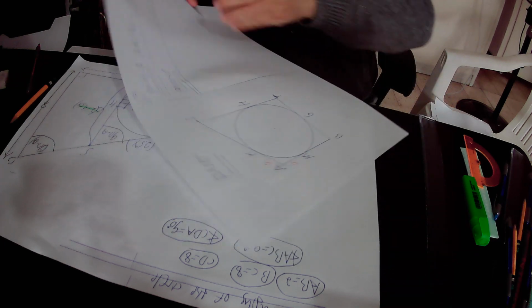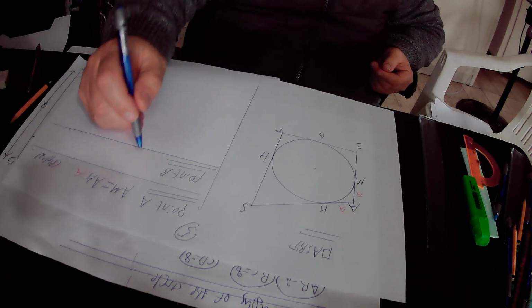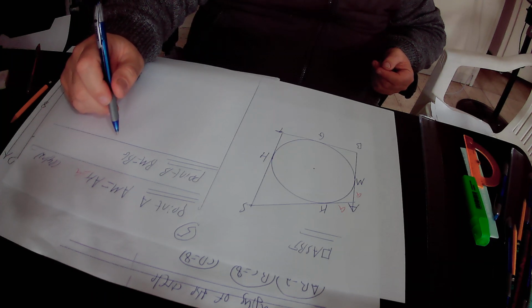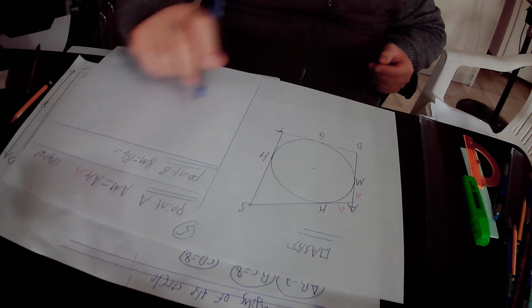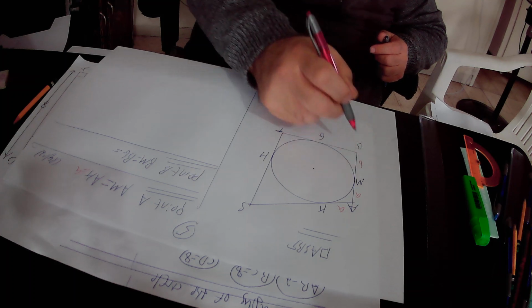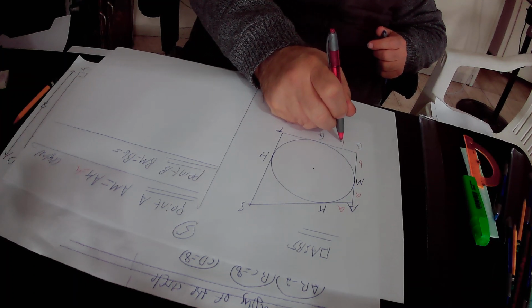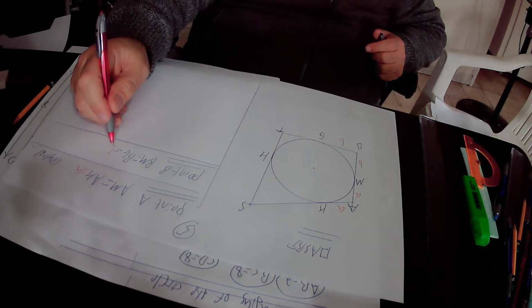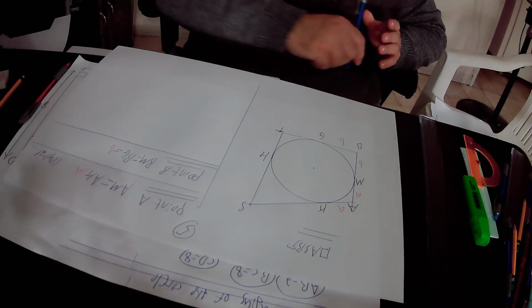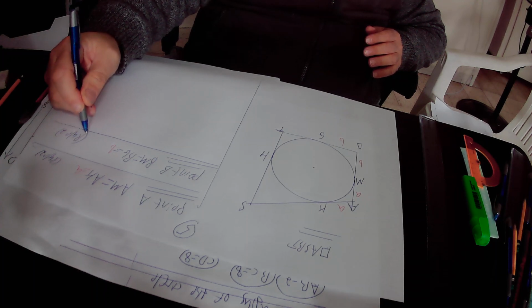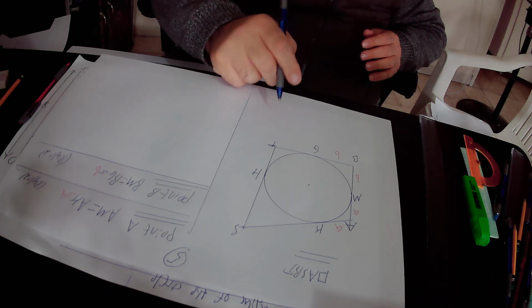So that is to say, BM equals BG according to the same rule, rule 2. So if we define the length of tangent BM as B, then the length of tangent BG must be also equal to B because they are equal to each other. So in conclusion, we found out that BM equals BG equals B, according to the same rule, rule 2. Likewise, we focus on the common standpoint, point T.